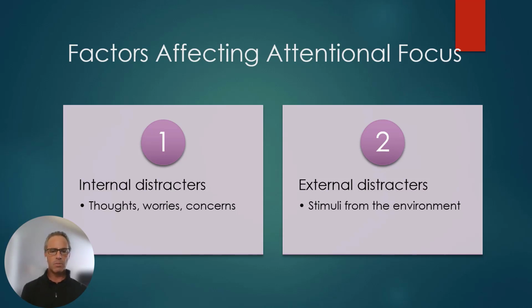External distractors are going to be things like the shot clock, the crowd, the weather that you're involved in. If it's too windy or too cold or too hot, whatever that might be, that is stimuli from the environment that affects our attentional focus.